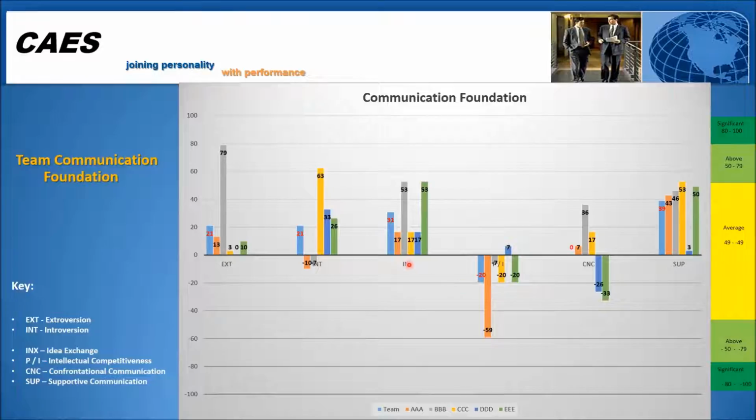And what we mean by this is, from an idea exchange, what we're seeing is that members B and E tend to be more interested in sharing ideas, communicating ideas to other people. They're not extremely high on that score, but they're higher, obviously, than the other group. That is a little bit more communicative than the average population, but comparatively they're lower.